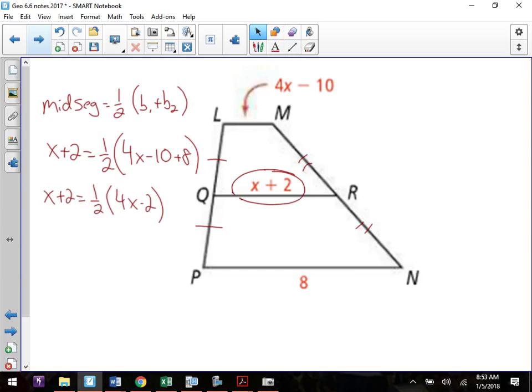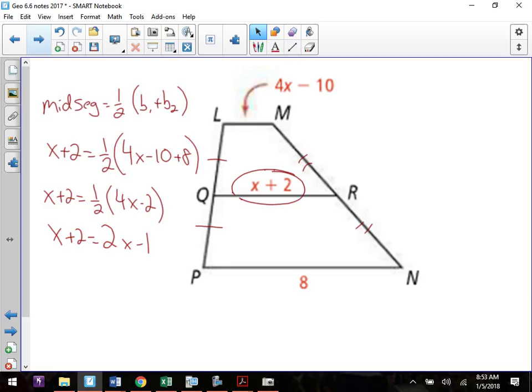And what I mean by that is when I'm looking at the halves going into that parentheses, into that term, half of 4 and half of 2 is easy to work out. I don't have to worry about multiplying the other side by 2 because we can do that. Okay. What's half of 4? It's 2. So we're going to get x plus 2 is 2x minus 1.